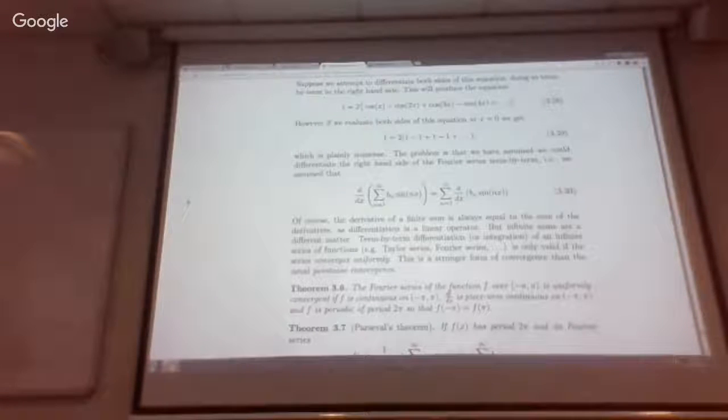What we're going to be considering here is the concept of having a sequence of functions, f_n, converging to a limit function.